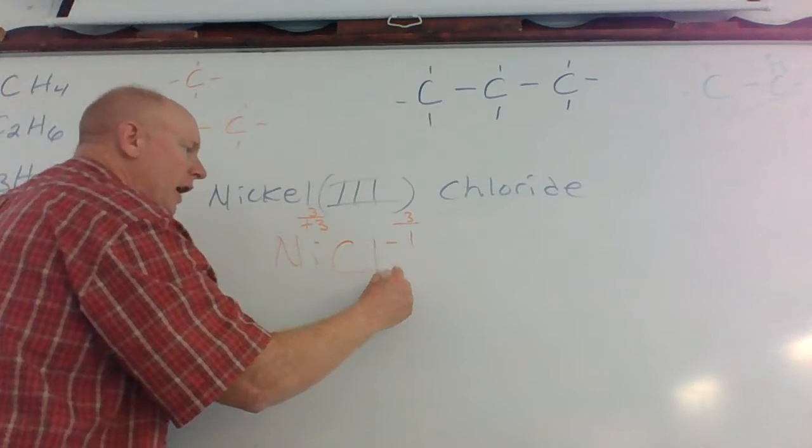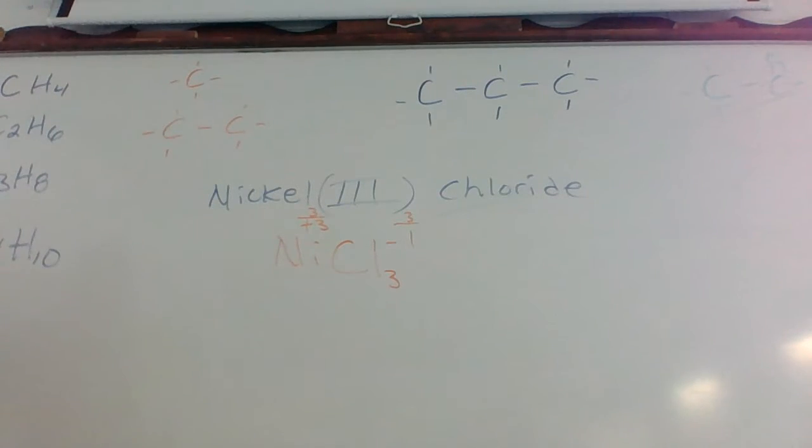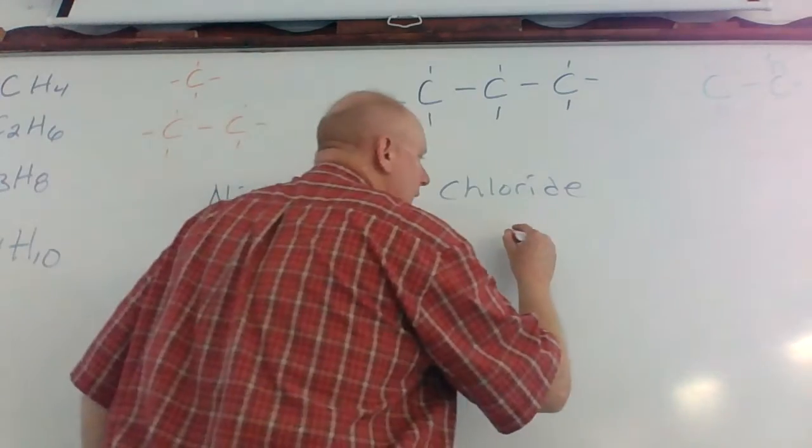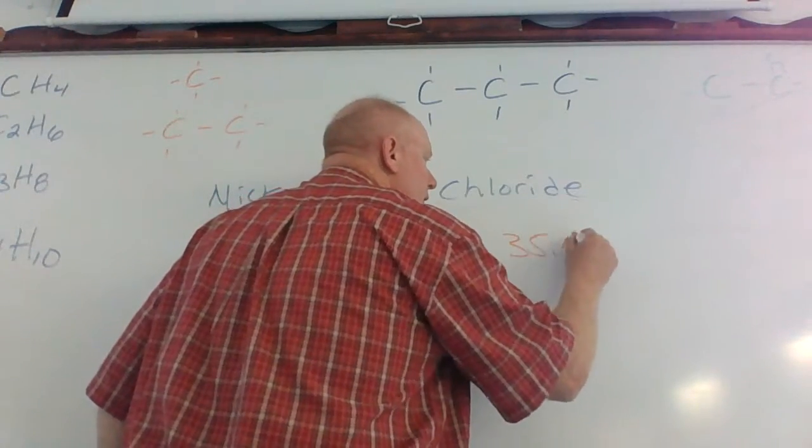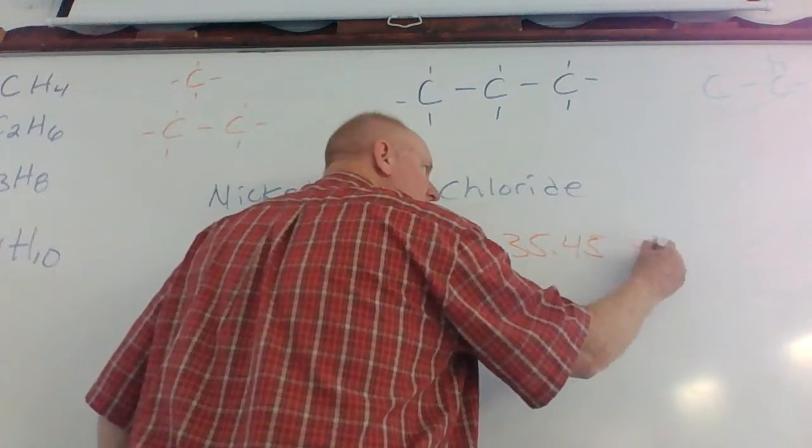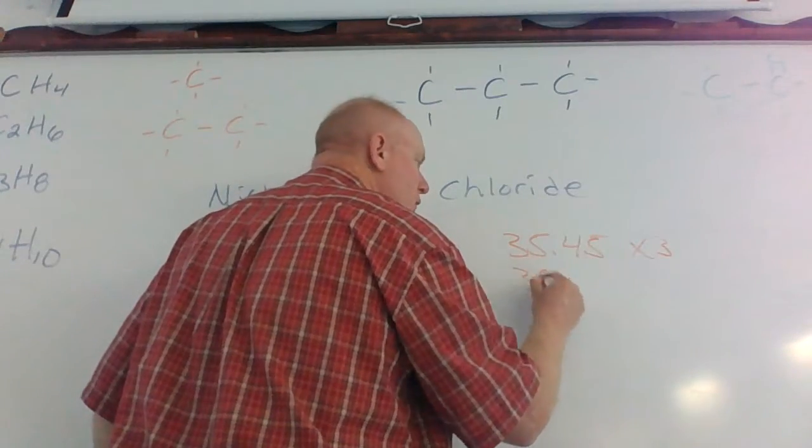So how would you find the molar mass of nickel 3 chloride then? Yeah, 3 chlorines or chlorides and 1 nickel. So 35.45 is 1 chlorine, but you've got 3 of them, so you take it times 3. Okay, so one way of looking at it is 35.45. You either take it times 3, or you can just do one of these.